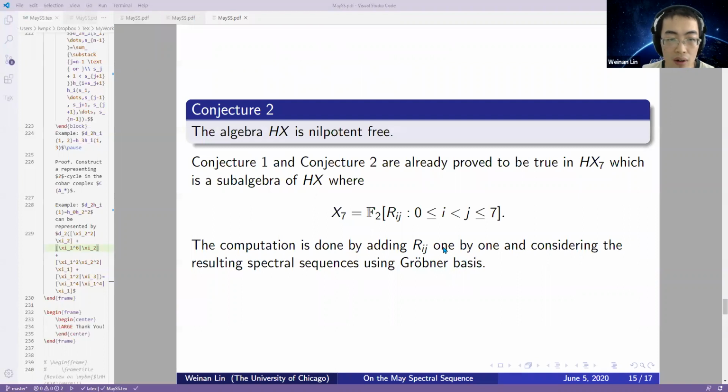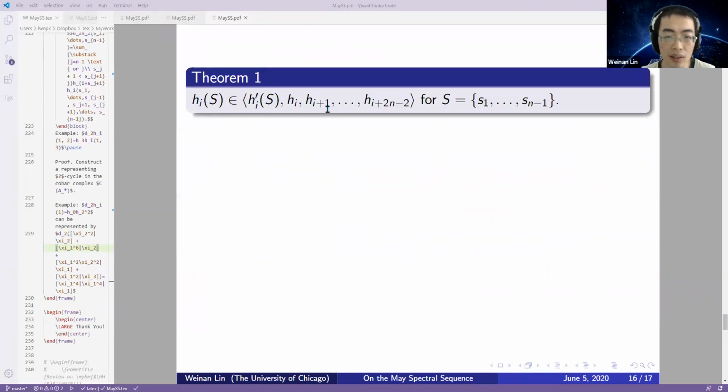Okay, now here are some interesting theorem results about these indecomposables. So the first one is the matrix massey product.